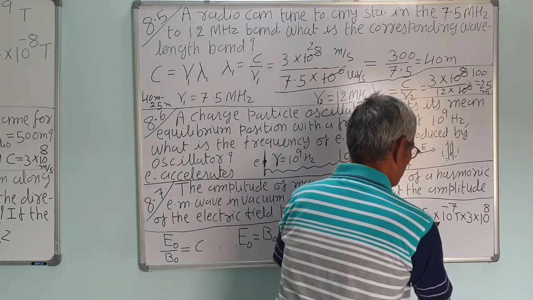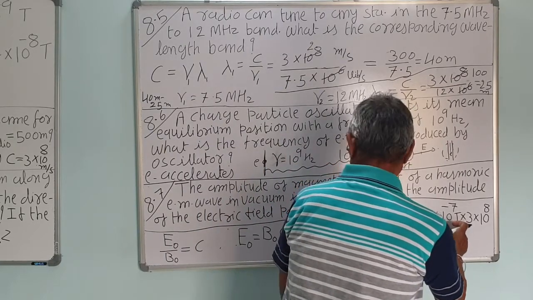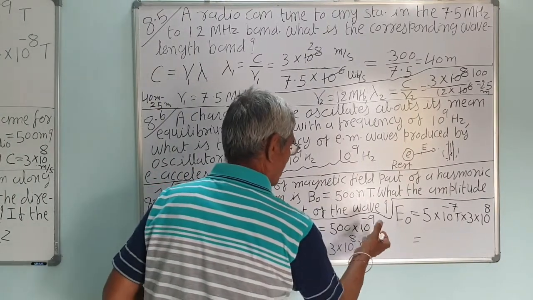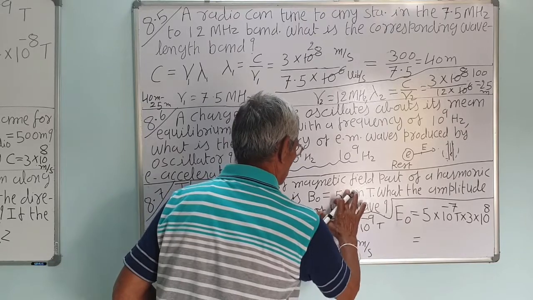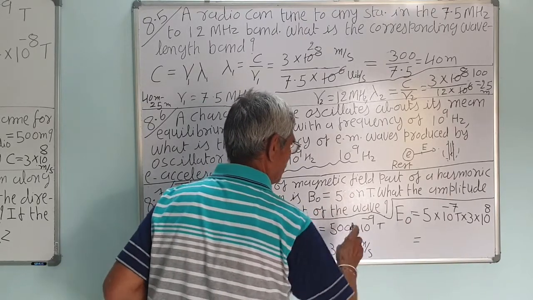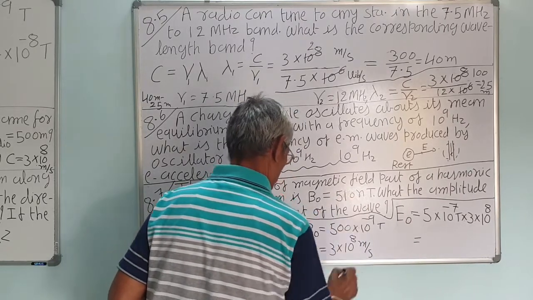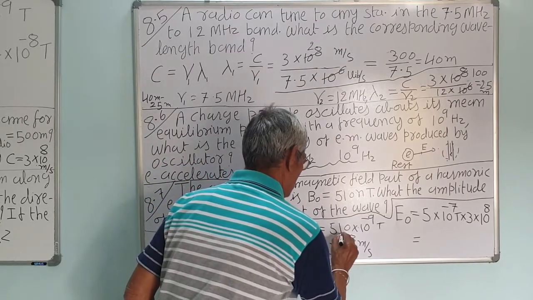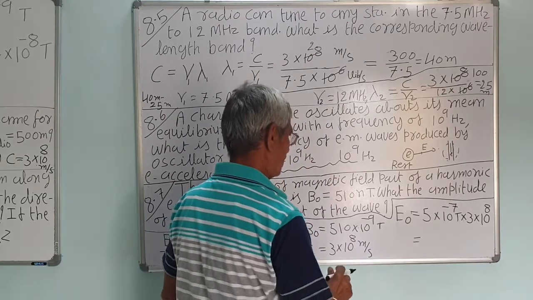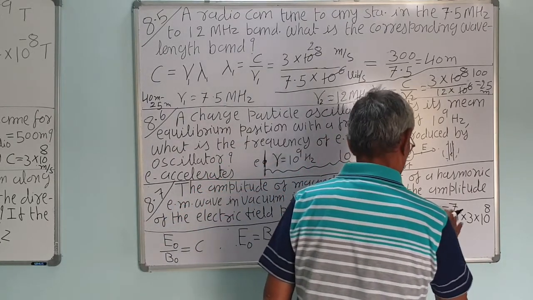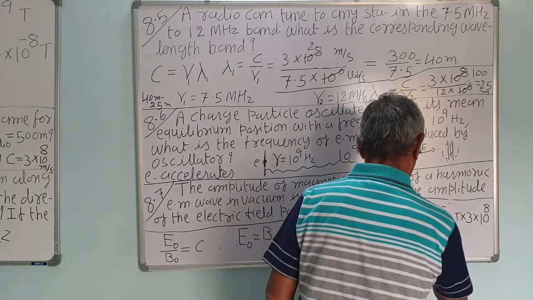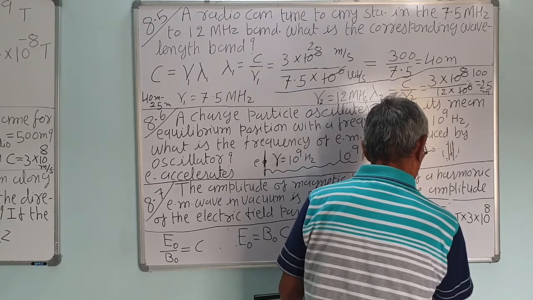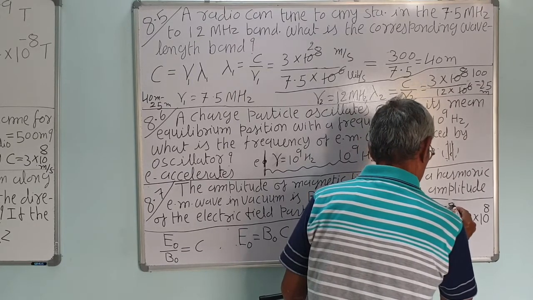So, 5 into 3, what is that? Sorry, in the answer you will get according to this, but in the actual example this is 510, so you take according to that. So 510 into 10 raised to minus 9, correct.